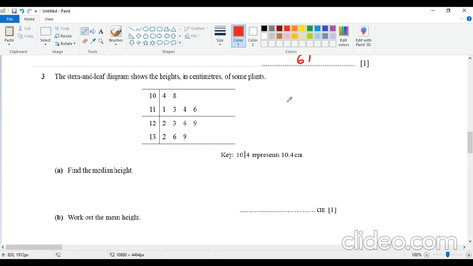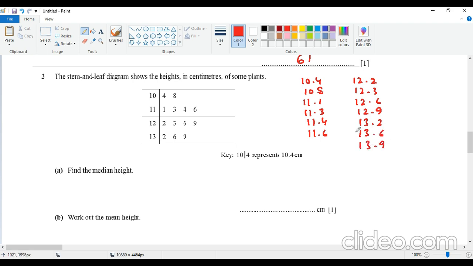So in reality, you should know that 10.4 is the height of the first plant, and 10.8, and the third one is 11.1, and 11.3, 11.4, 11.6, and the next set is 12.2, 12.3, 12.6, 12.9, and 13.2, and 13.6, and 13.9. As the key says, 10 slash 4 means 10.4.